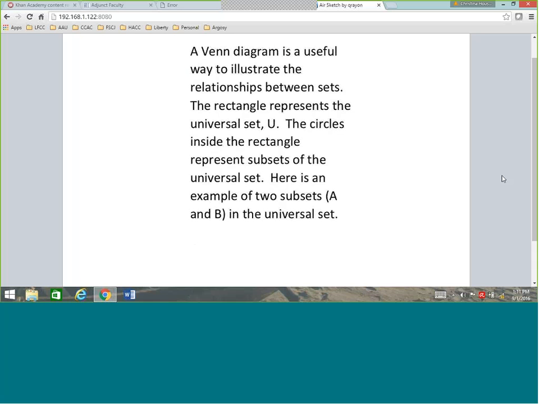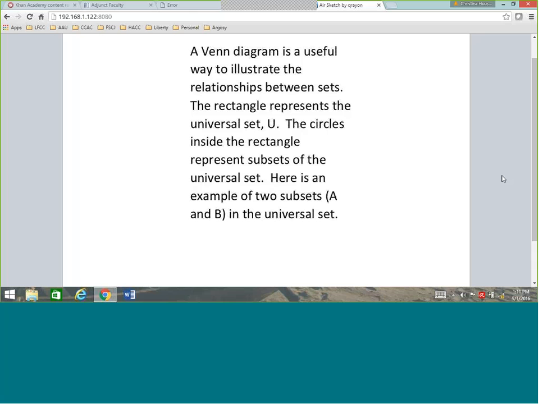We start off with a rectangle, which represents the universal set, and we call that a capital U. Inside the universal set, we put the circles that represent the subsets of the universal set. If you think about it, the U is like the universe of the problem. It's what the problem entails. And then the little subcategories inside would be the circles.